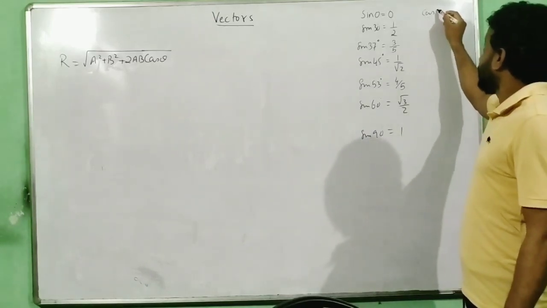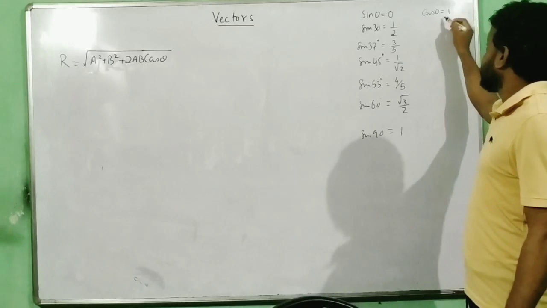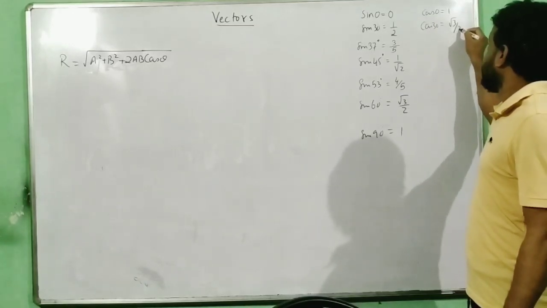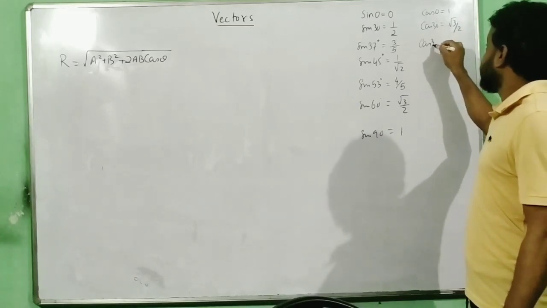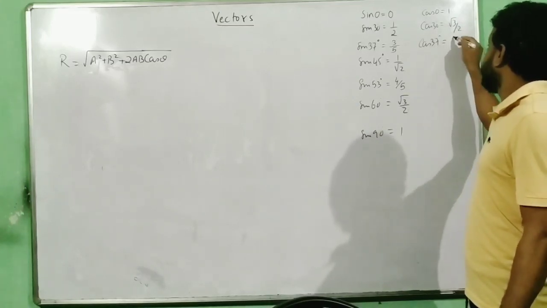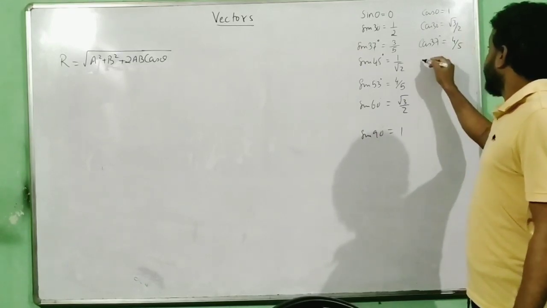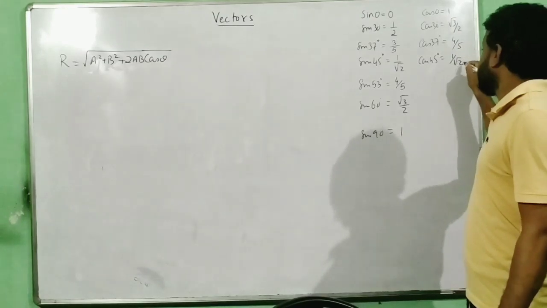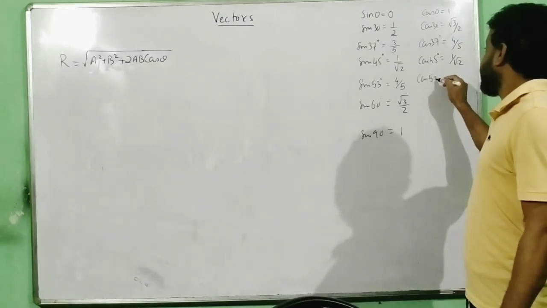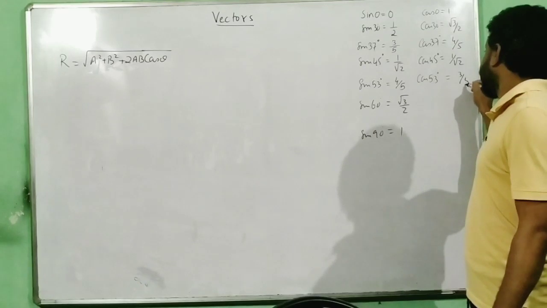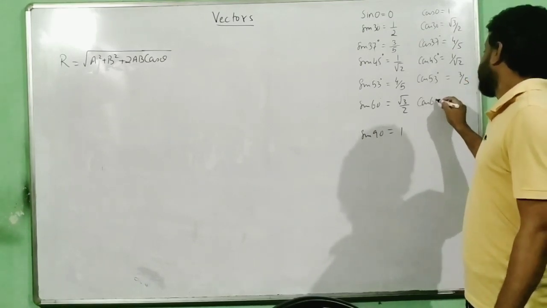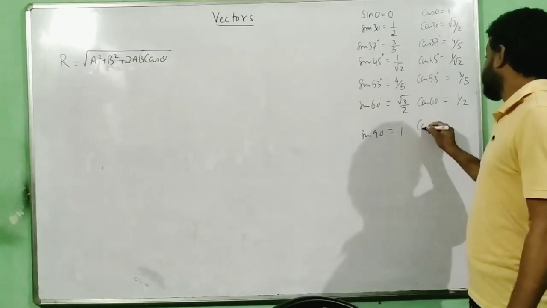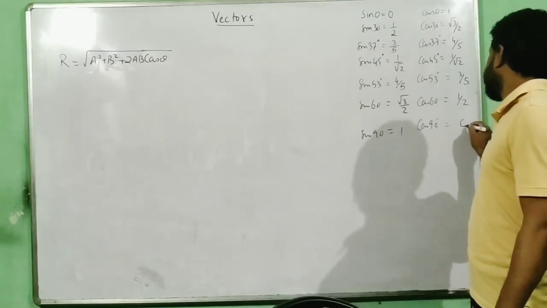Similarly, cos 0 is equal to 1, cos 30 degree is equal to root 3 by 2, cos 37 degree will be equal to 4 by 5, cos 45 degree will be equal to 1 by root 2, cos 53 degree will be equal to 3 by 5, cos 60 degree will be equal to half, and cos 90 degree will be equal to 0.